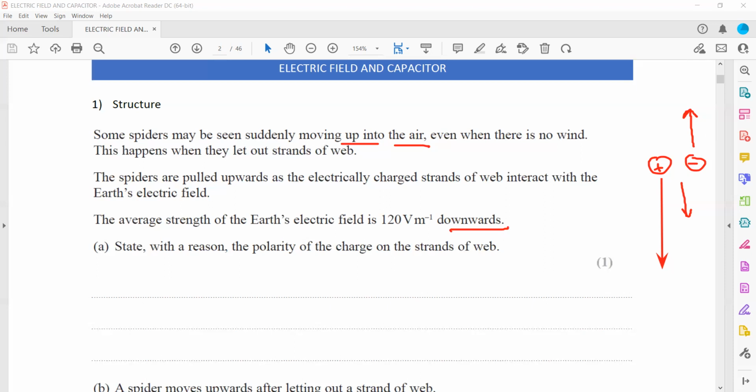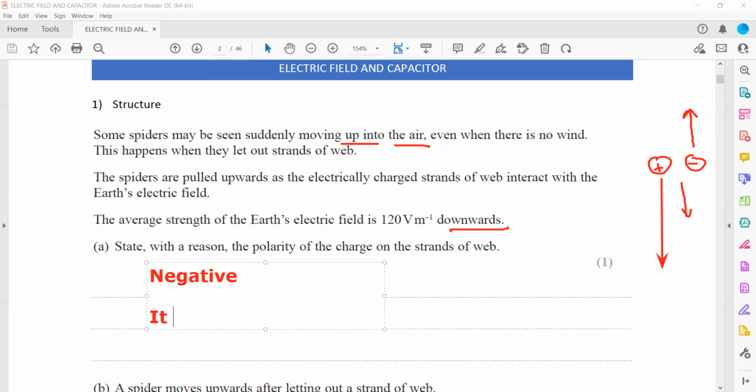So the charge is negative because the direction of the electric field is the direction in which the positive charge experiences force, but this is moving up, and negative charges always move opposite to the direction of the electric field. So the polarity of the charge on the strand will be negative. And what is the reason for that?